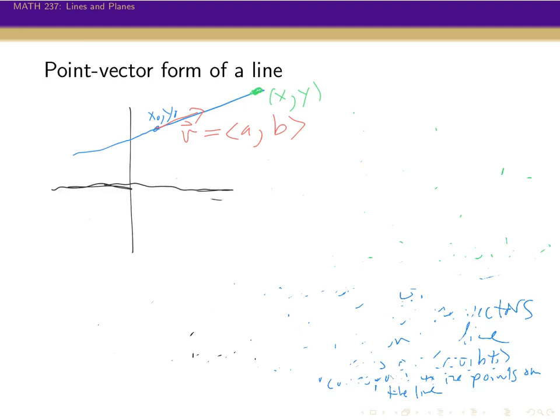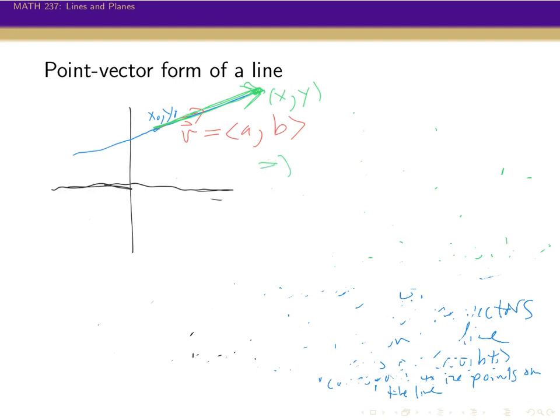let's call it x, y, well then I can create a vector that goes from x naught, y naught to x, y, and that's going to be on my line. That's going to be parallel to v, because v is on the line, so it's going to have to be a scalar multiple of v.